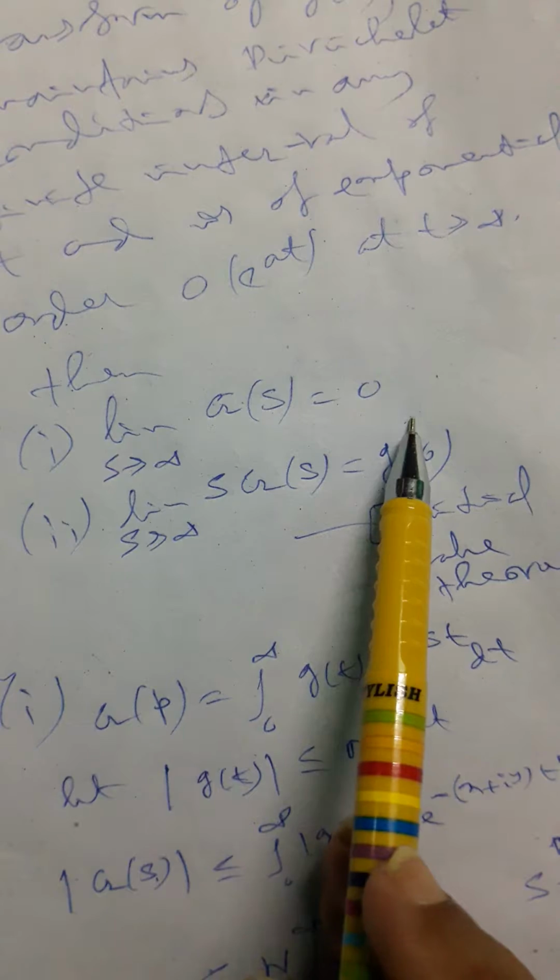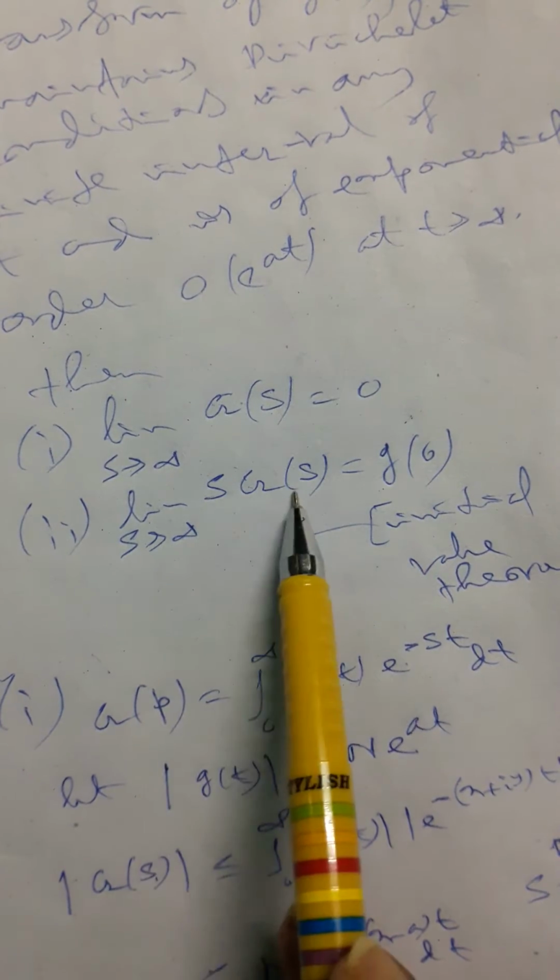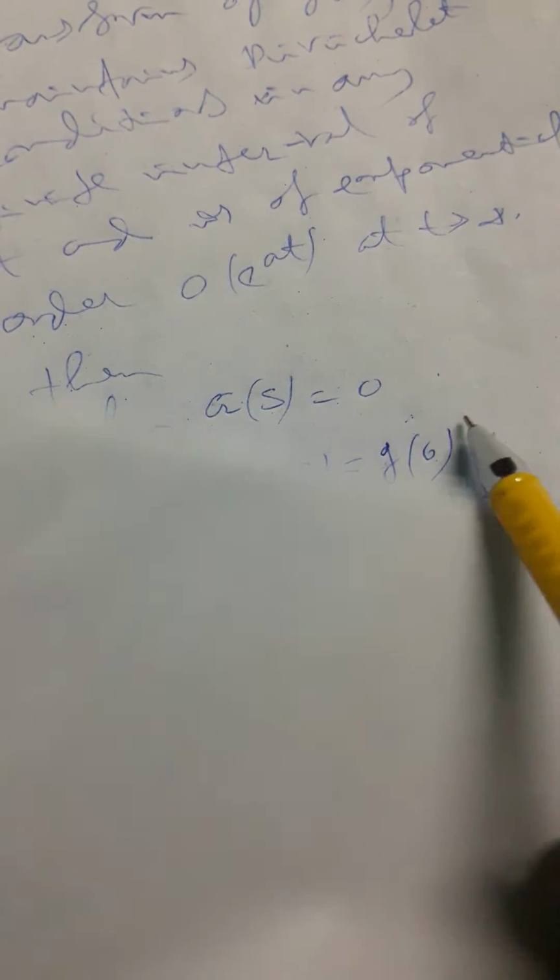Next we go for the second part. This is called the initial value theorem.